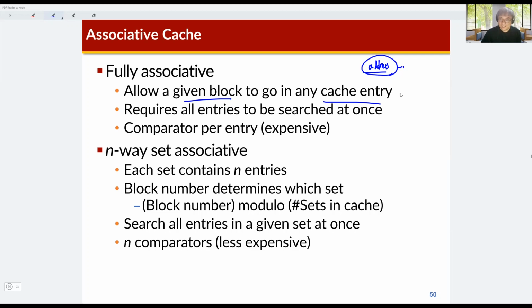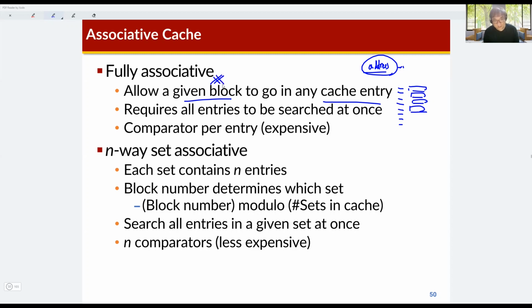And if we can check the entire entries to identify request data, then we can find the target data in this cache. Then this cache is called the fully associative cache.